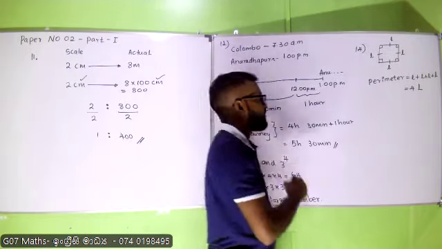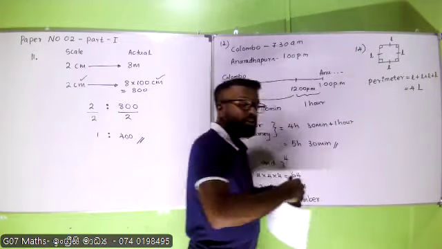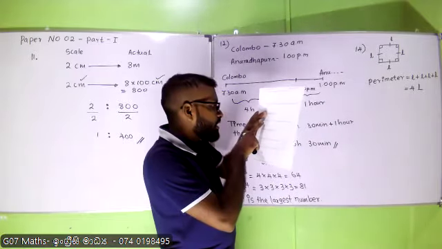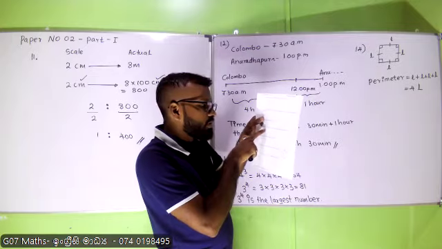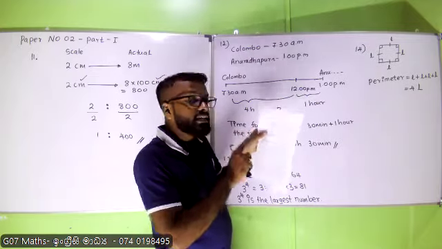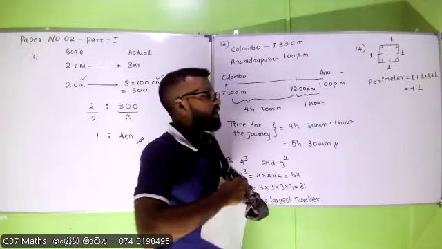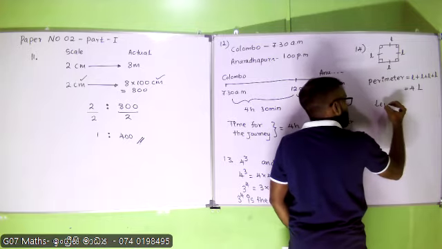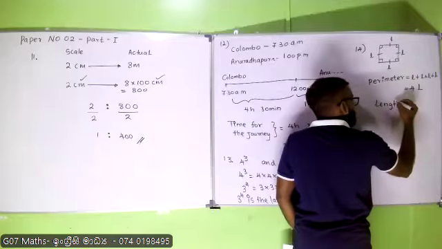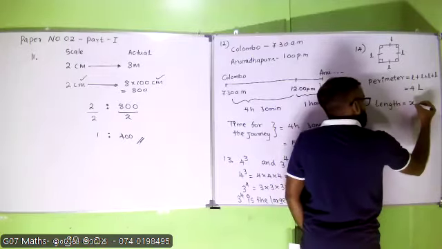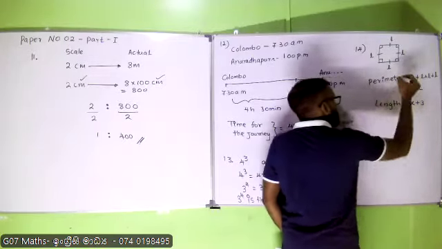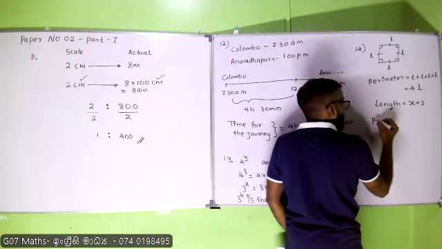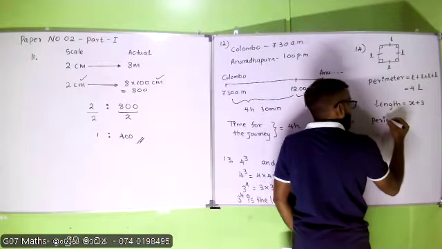Likewise, they have given the length of one side of the square as x plus 3 centimeters. So that means L equals x plus 3. We can write the expression for the perimeter of the square.